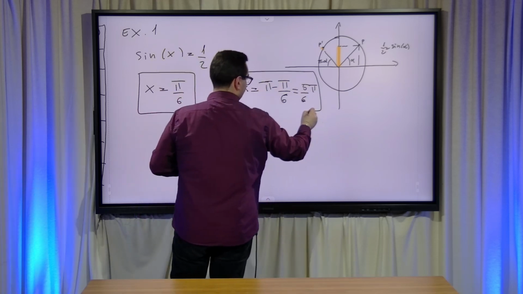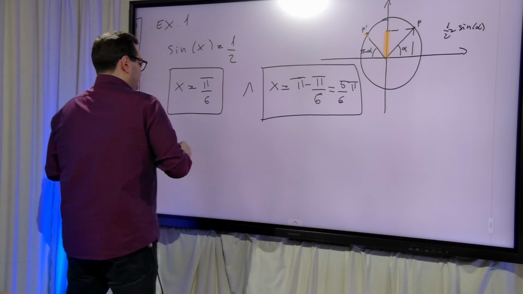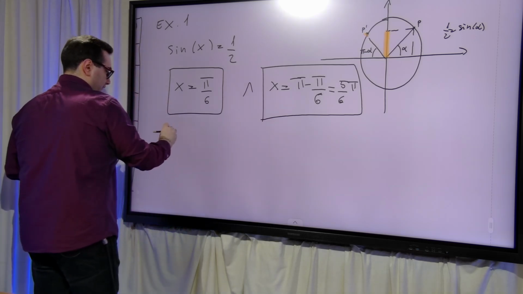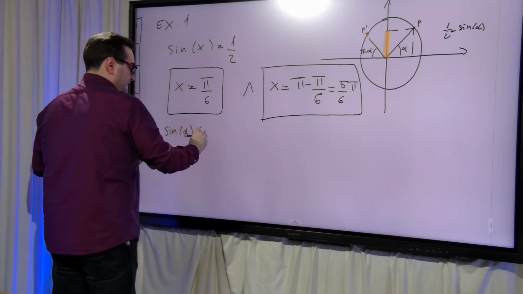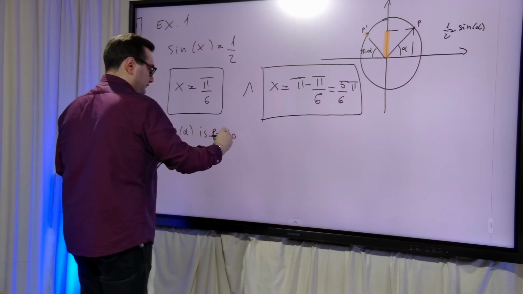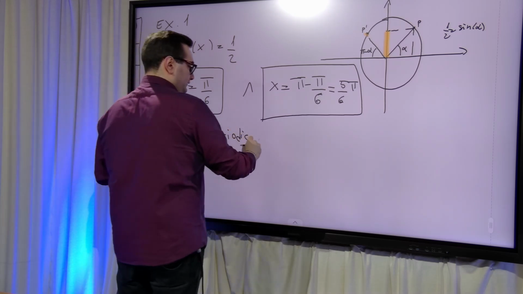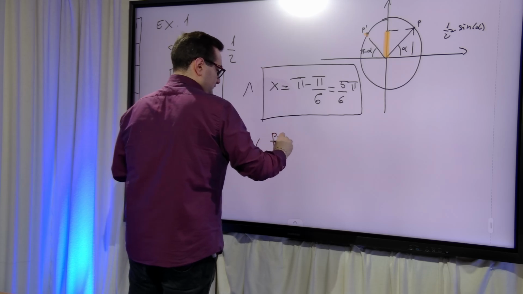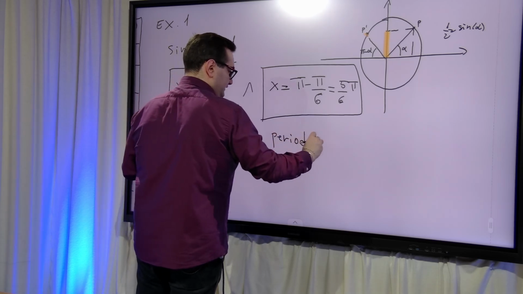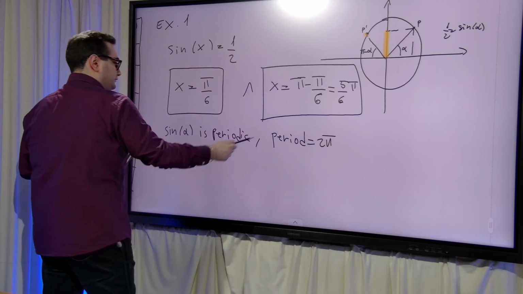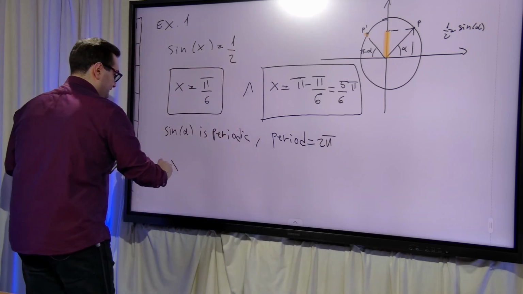Now, we have to recall that the sine is periodic. And the period is 2 pi. So I have to consider also this multiplicity.